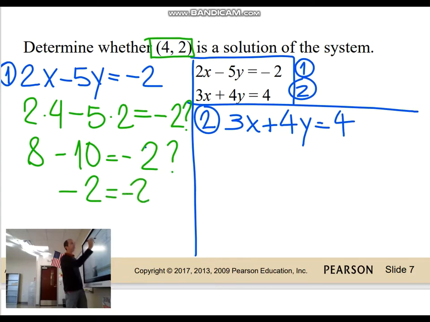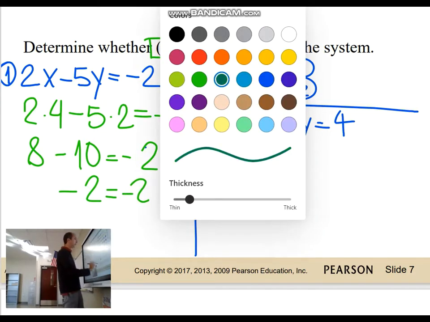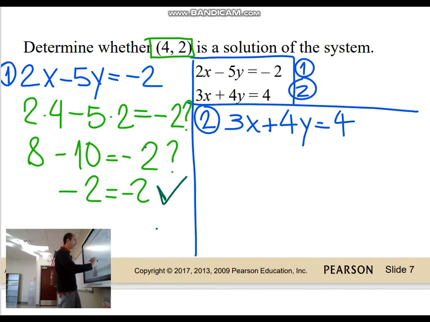Yes, this is true. Check mark. Nice. So that means the ordered pair x equals 4, y equals 2 is a solution for this equation.